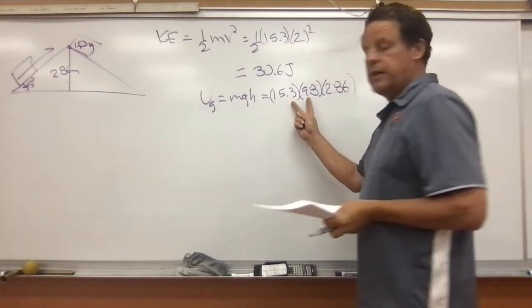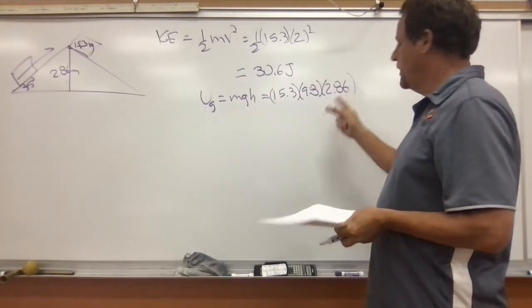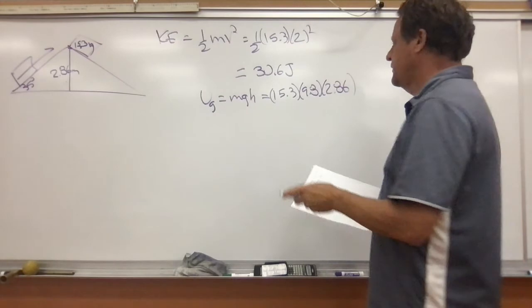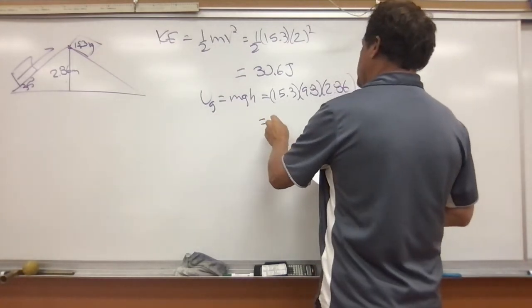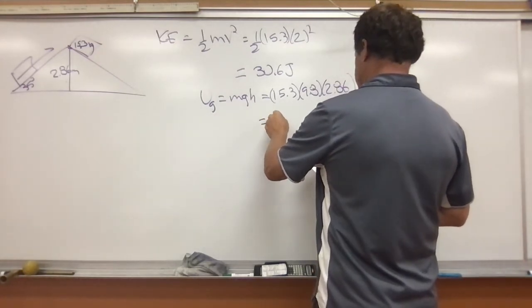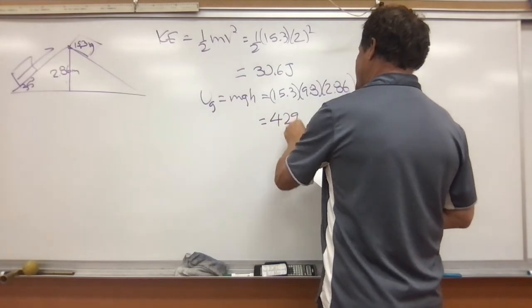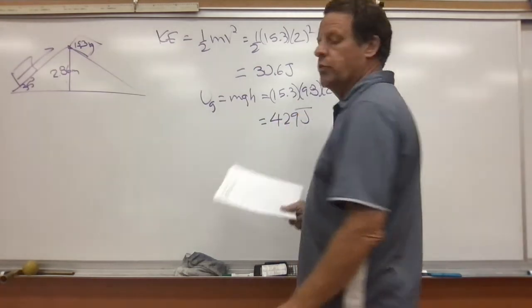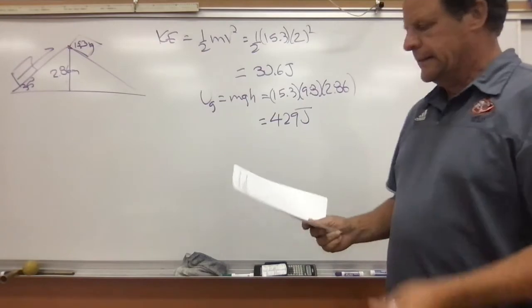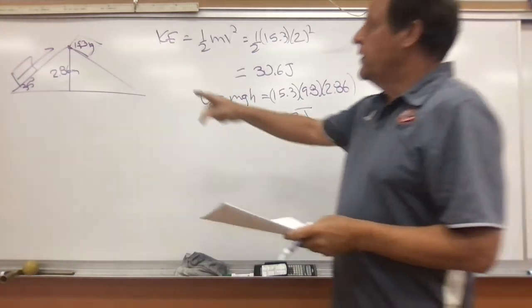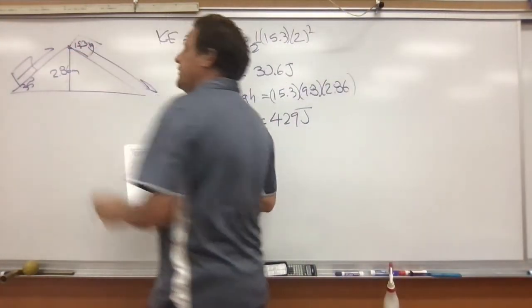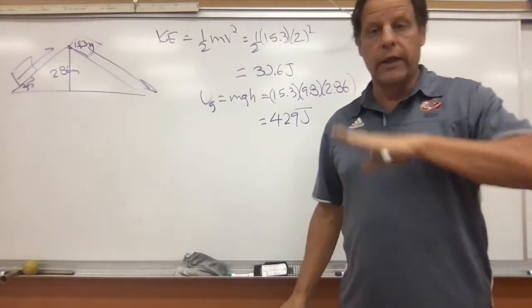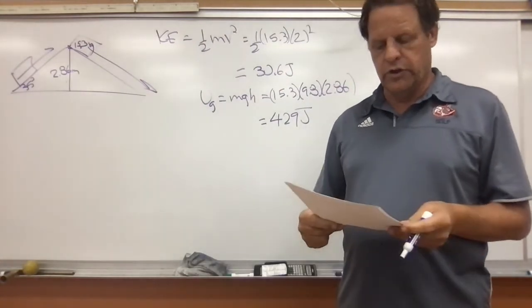So this right here is equal to 150, and 150 times 2.86 is going to be equal to 429 joules. And now the block is going to slide from the top with no friction.